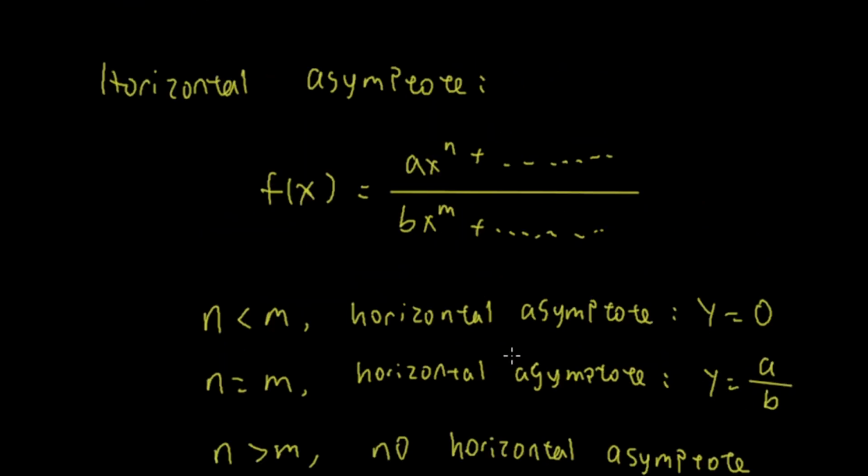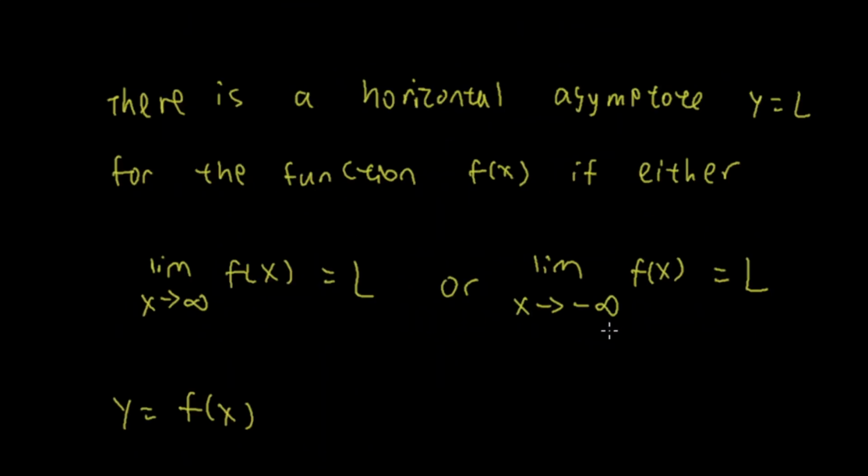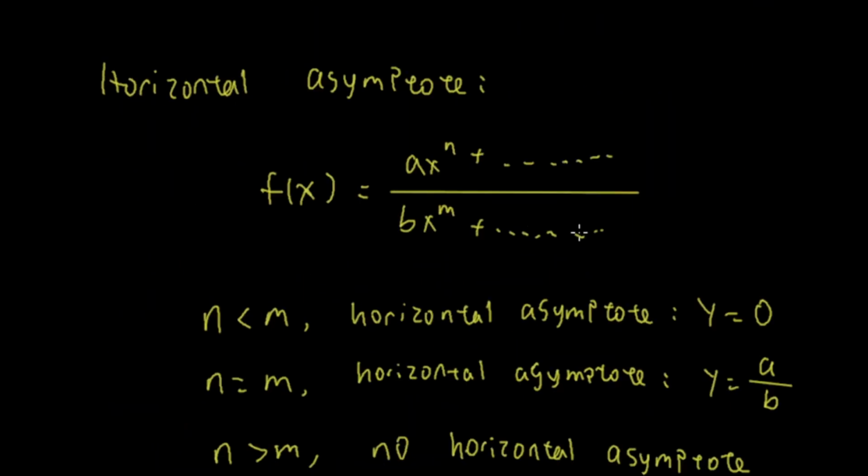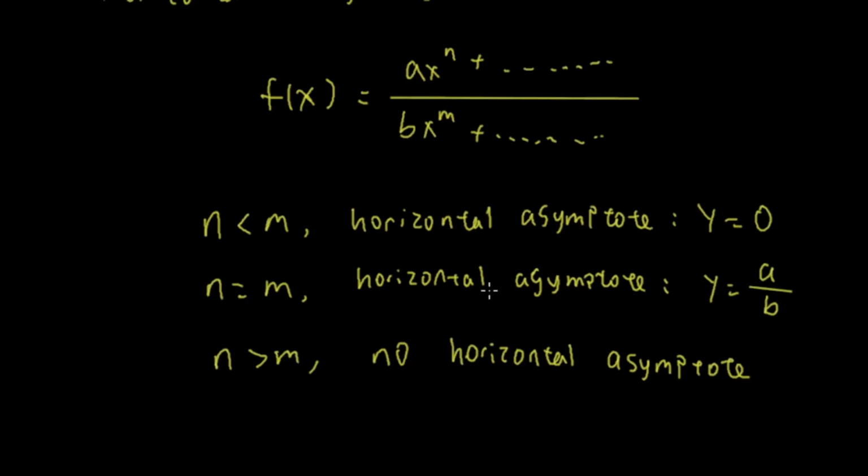Okay, so that's the rule for horizontal asymptote. It doesn't matter which way we use, whether it's the limit or this rule, we should get the same answer for the horizontal asymptote. So let's try out some examples here.